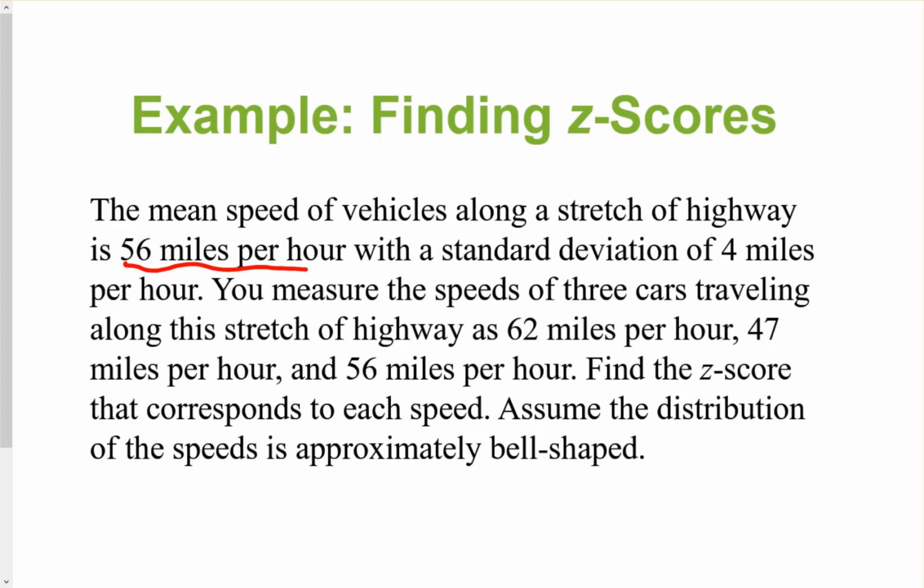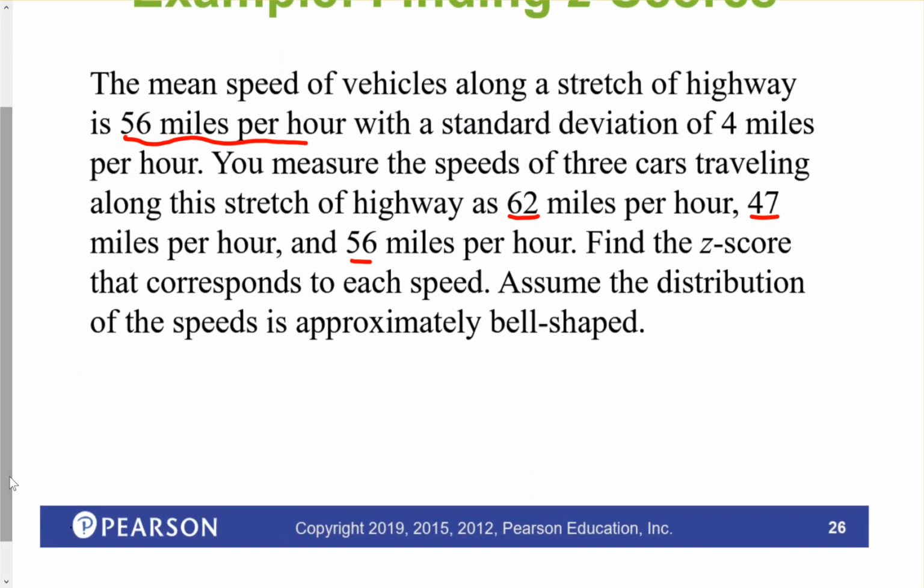You measure the speeds of 3 cars traveling along this stretch of highway as 62 miles per hour, 47 miles per hour, and 56 miles per hour. Find the z-score that corresponds to each speed. Assume the distribution of the speeds is approximately bell-shaped.